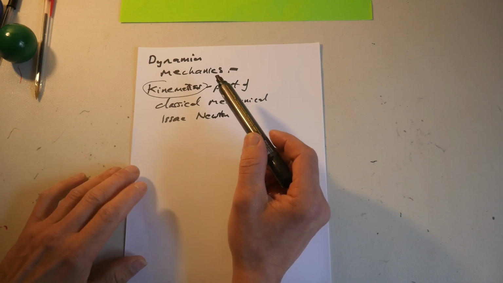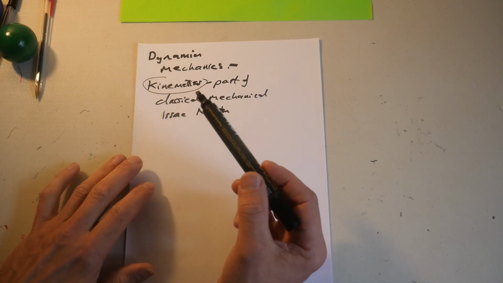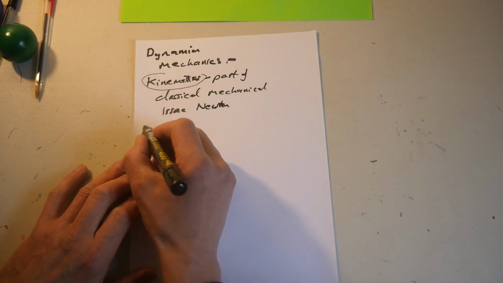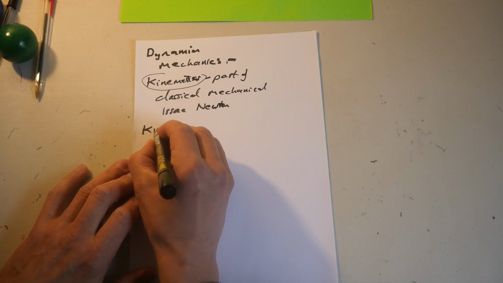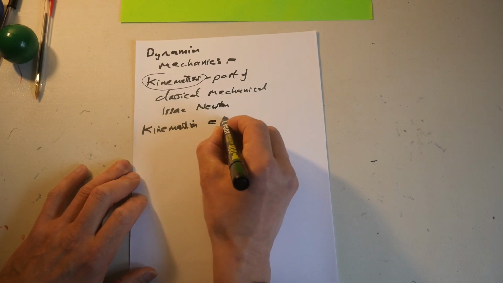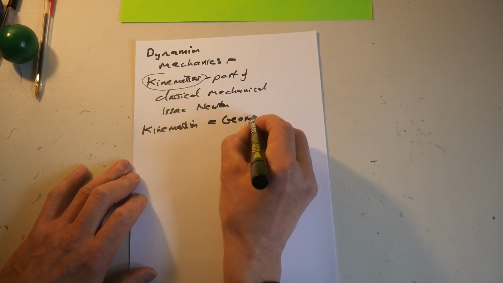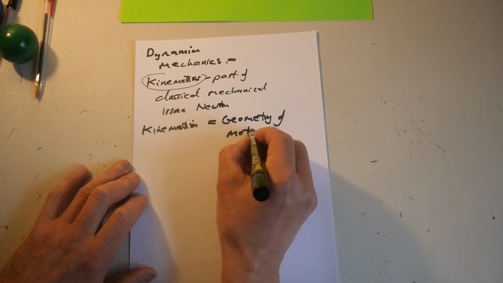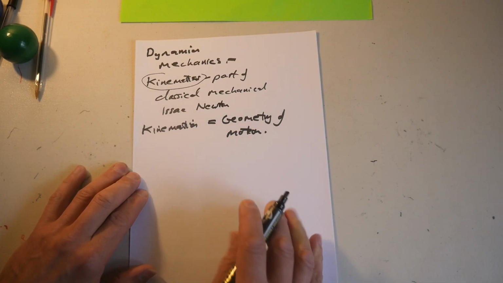It just studies their actual motion and paths, the shapes of their orbits. So kinematics equals the geometry of motion. Okay?